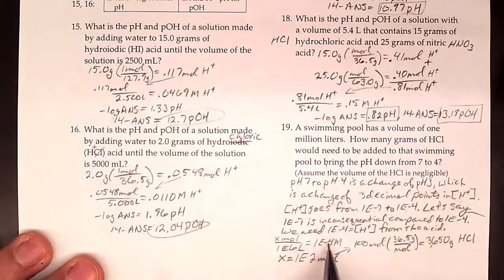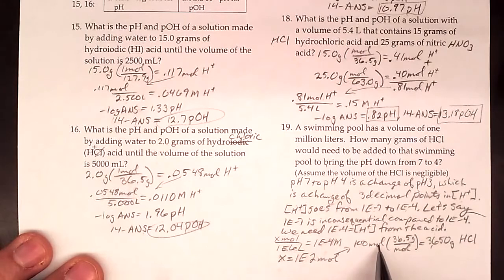When we multiply scientific notation numbers, we add the exponents on 10. So we get 6 plus a negative 4 is a positive 2. This is 1 times 10 to the 2, or 100 moles.